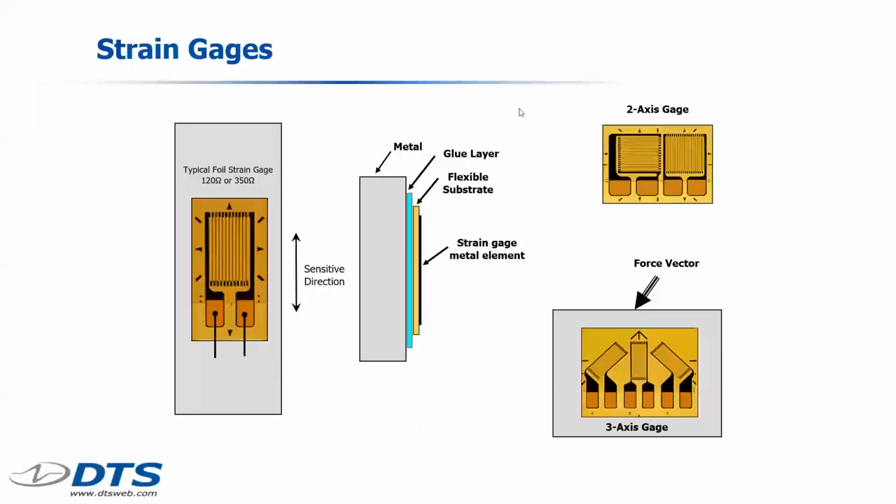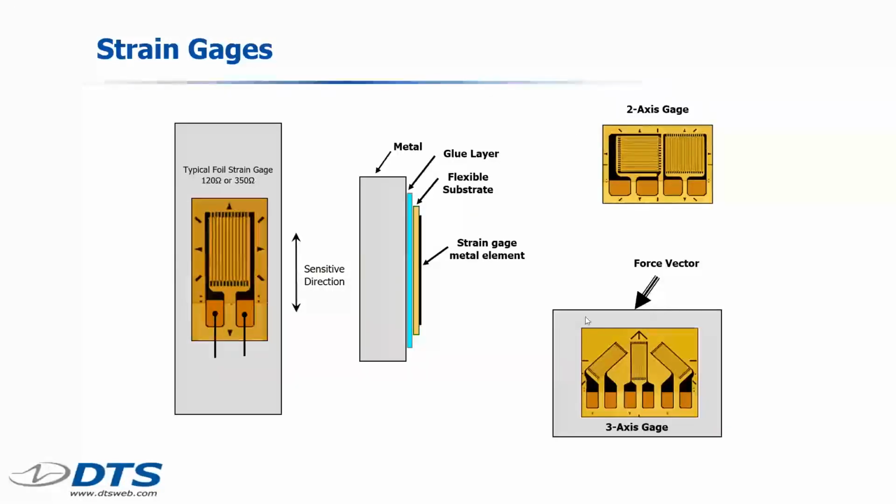In the real world, we take a strain gauge, which can be a single axis, a 2-axis, or a 3-axis gauge, and then we affix it to a specimen that we're trying to measure. In the case of a load cell or accelerometer, the gauges actually get bonded to flexible elements that allow us to quantify those forces.